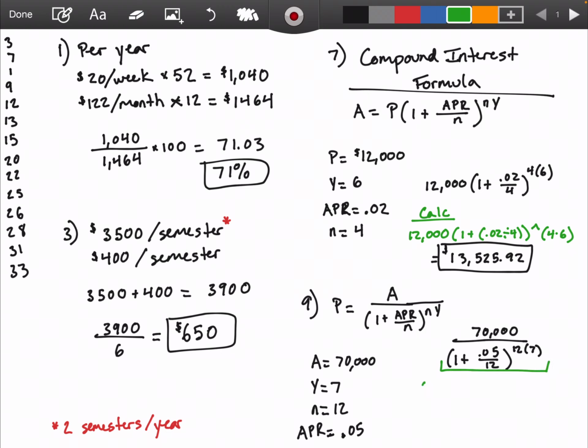So I'm going to do 1 plus 0.05 divided by 12, all raised to the 12 times 7. And I get some answer. But then I'm just going to go 70,000 divided by answer. And just as a reminder, the way we get that is by doing second and then the negative sign.